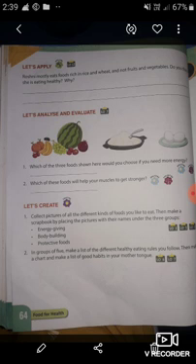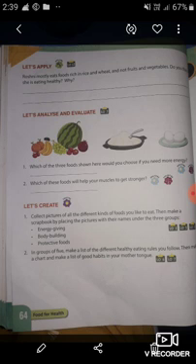Question number first: which of these three foods shown here would you choose if you need more energy? So students, if you need more energy, you have to eat energy giving food.